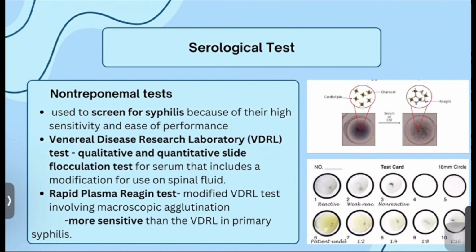All sera with reactive or weakly reactive results must be tested using the quantitative slide test, in which two-fold dilutions of serum ranging from 1:2 to 1:32 are initially used, and sera yielding positive results at the 1:32 dilution are titered further. The rapid plasma reagent test, or RPR test, is a modified VDRL test involving macroscopic agglutination.